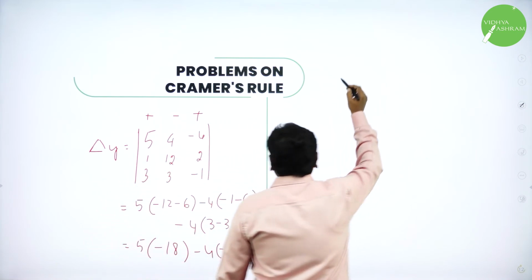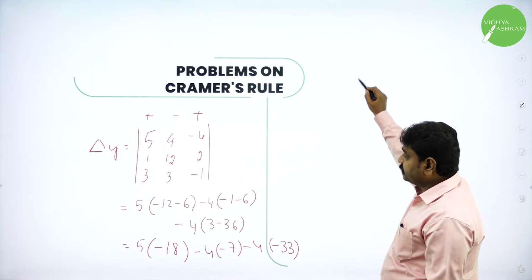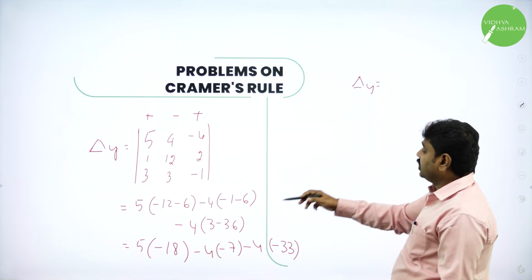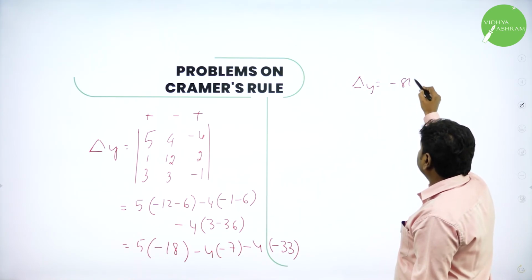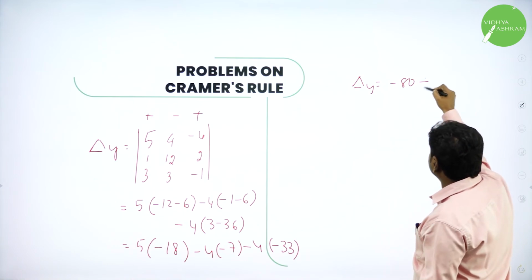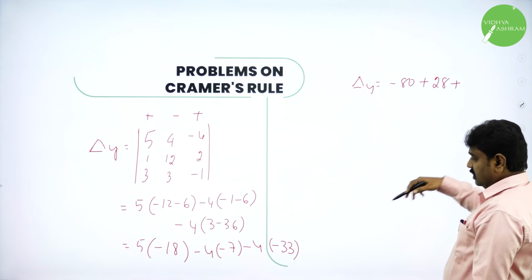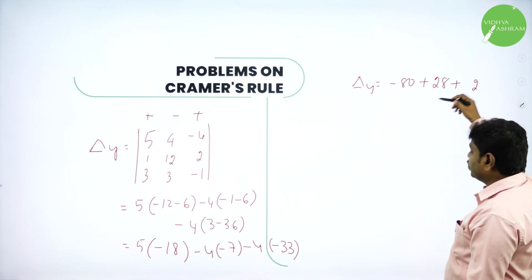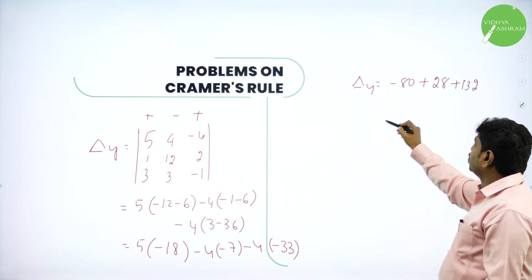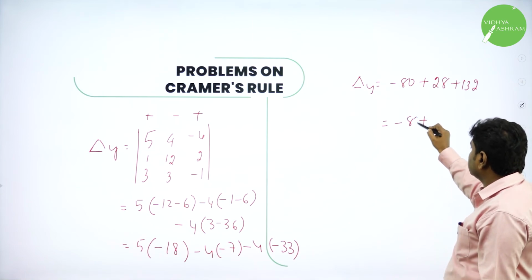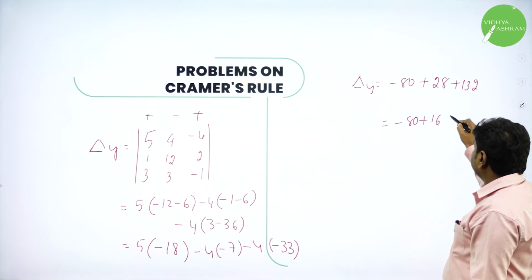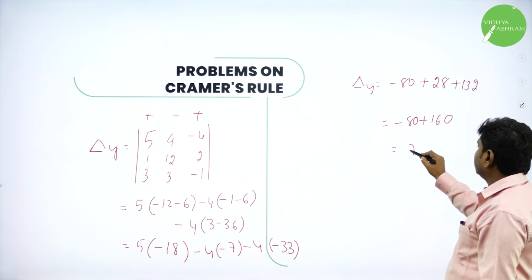Simplify this further. So the delta y value is -18 into 5, that is -90, minus into minus plus 28, then minus into minus plus, 4 3s are 12, 12 plus 1 is 13, 132. That is -80 plus 160, so that will give you 70.